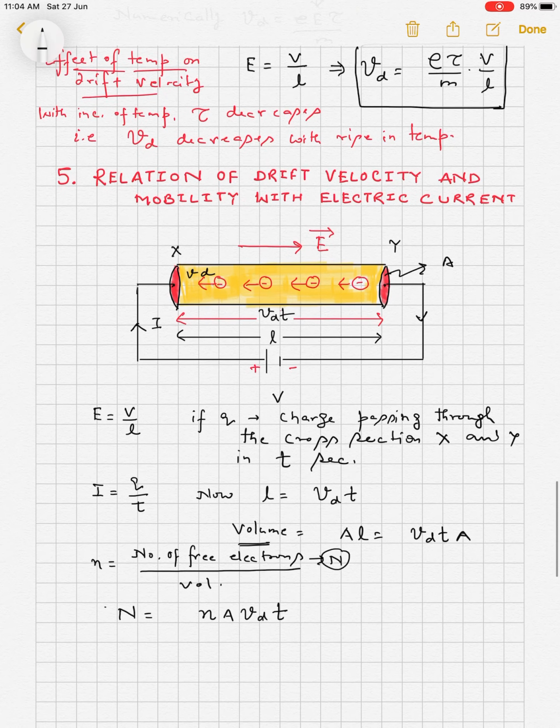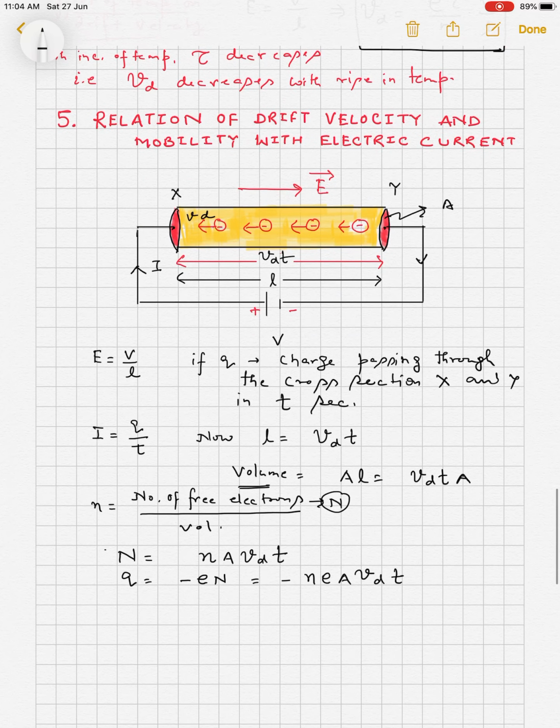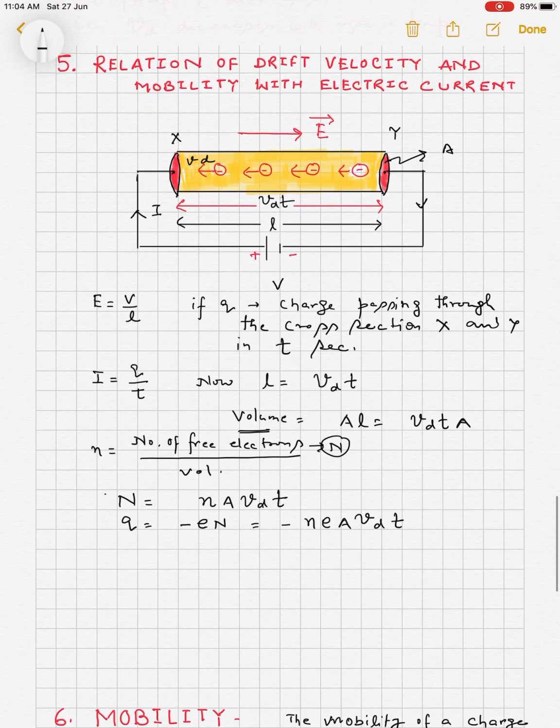So these are the total number of electrons in the conductor. The charge on one electron is minus e, so the total charge is minus n e A vd t. This is the charge Q flowing between Y and X in time t.